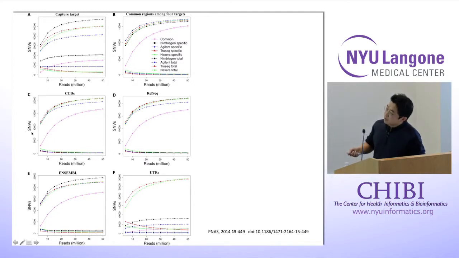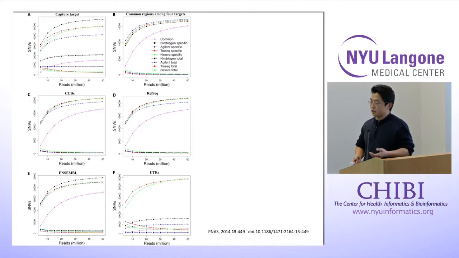Here the pink line shows the mutations shared by all these different technologies. The trend of this line shows that at the data they evaluated, like 50 million reads, it still keeps going up. So different technologies are really capturing different sets of mutations.